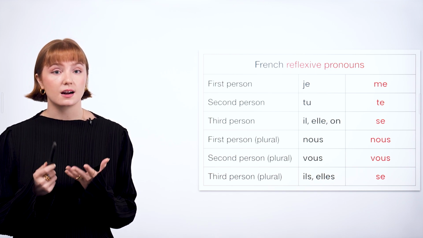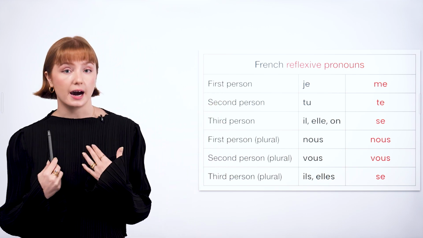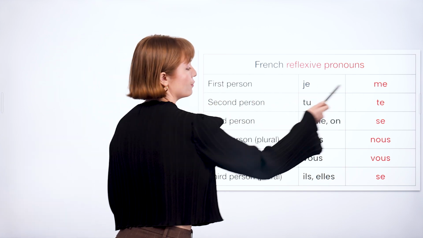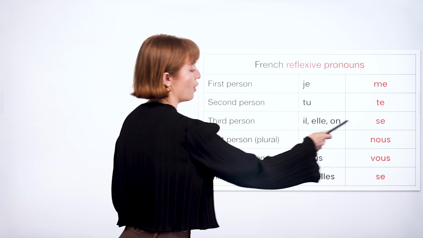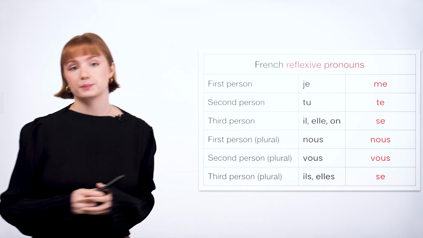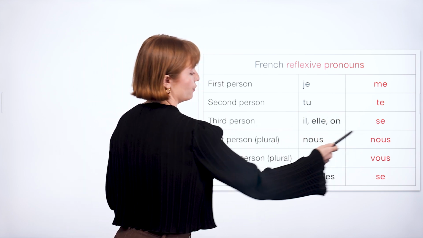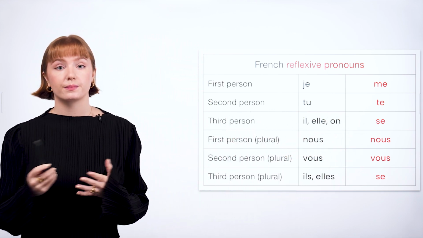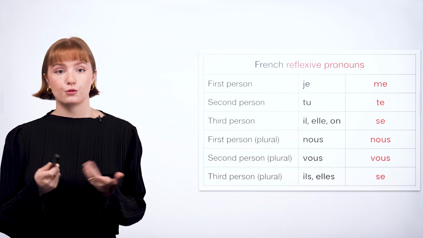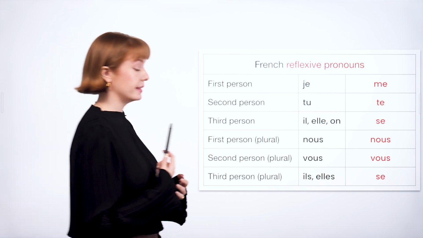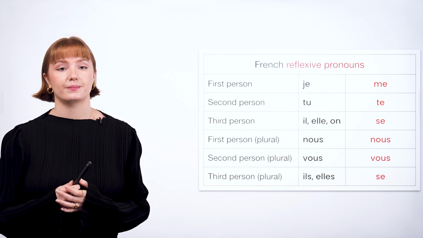The reflexive pronouns are me for je, I, te for tu, you, se for il, elle, on, he, she, it, nous for nous, we, vous for vous, you formal or plural, and se for ils, elles, they.